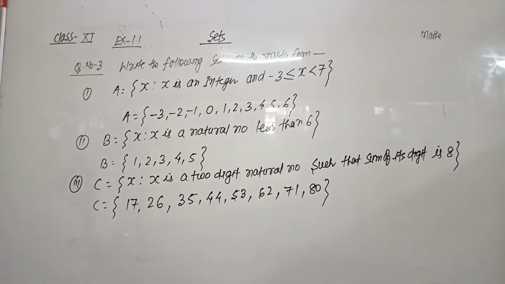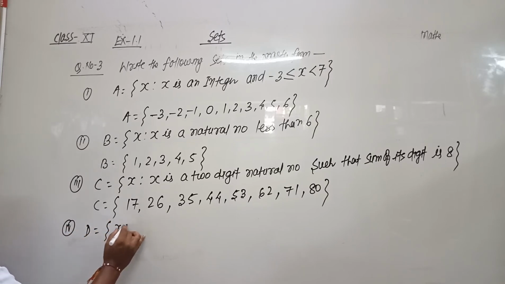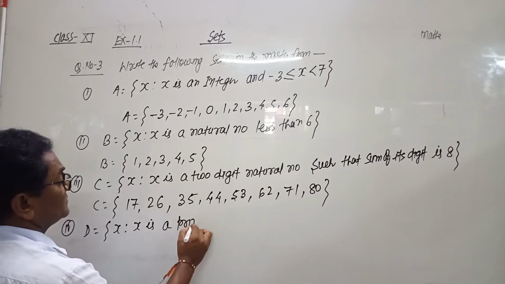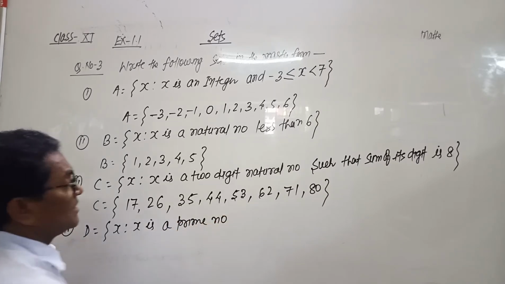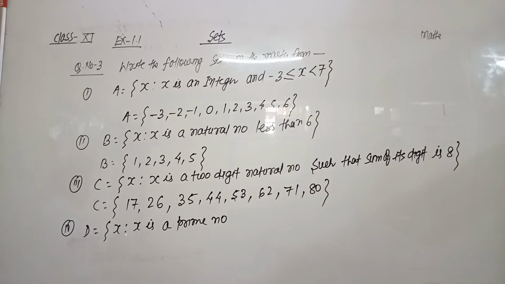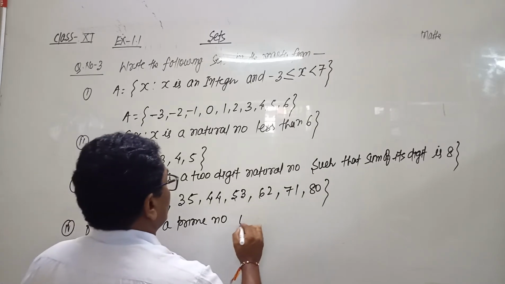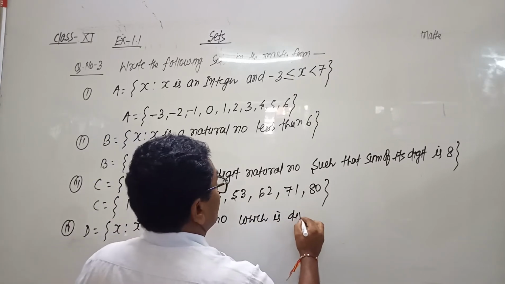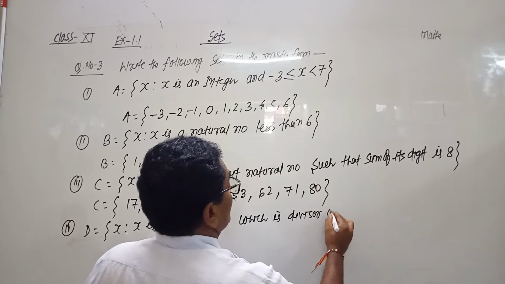Next is x such that x is a prime number which is a divisor of 60.